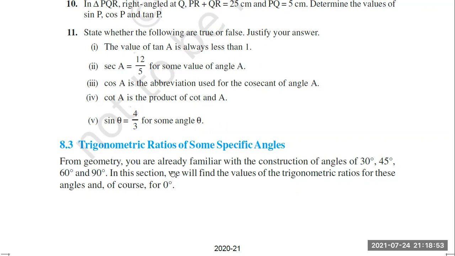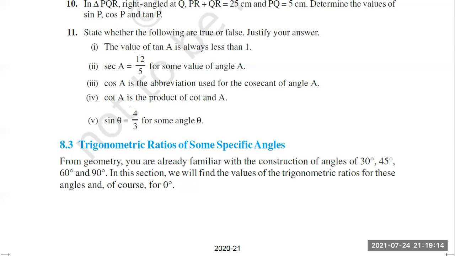From geometry, you are already familiar with the construction of angles 30 degrees, 45 degrees, 60 degrees and 90 degrees. As we saw in the 9th class, we learned to construct these angles without using the protractor. We used only the compass.